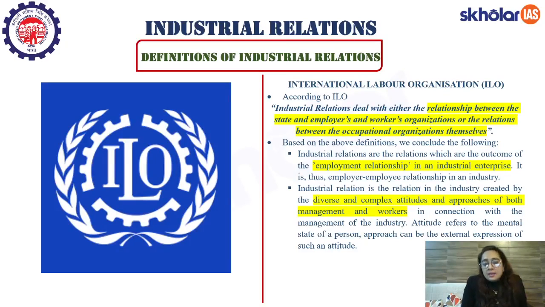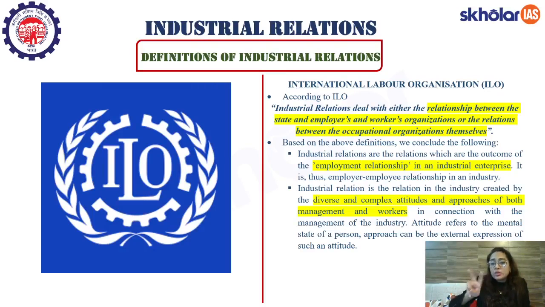Now, what the ILO says is that industrial relations deal with either the relationship between the state and the employer and worker organization, or the relationship between occupational organizations themselves. So basically, when we talk about industrial relations, the relationship between state and employers and workers organization is there, or they are dealing with occupational organizations themselves.